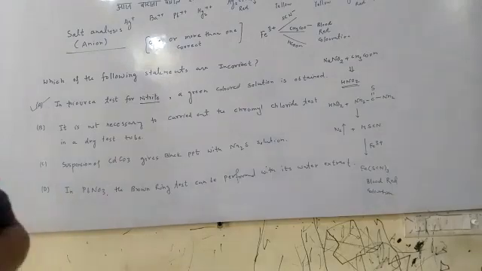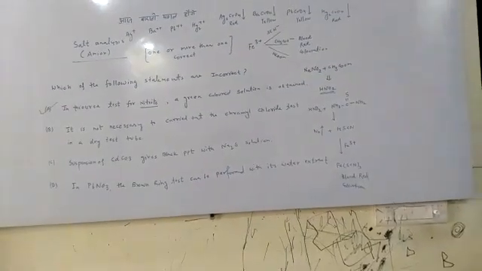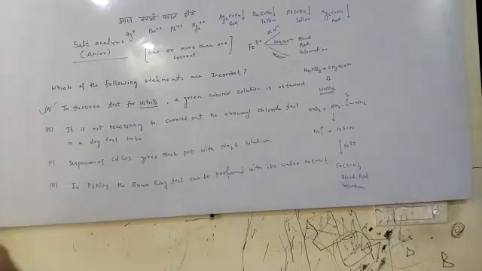Understood? So what is the chromyl chloride test? Initially, we have chloride ion in the solution, and when we put concentrated H2SO4 with K2Cr2O7, we get CrO2Cl2.